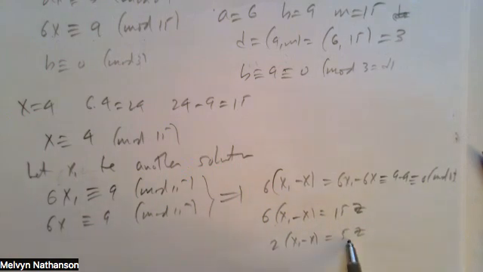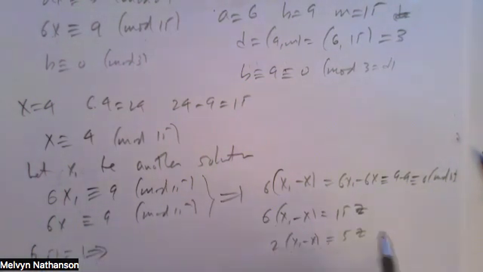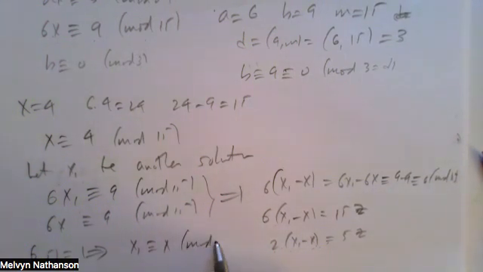So 5 divides 2 times x1 minus x, but 5 and 2 are relatively prime. The greatest common divisor of 2 and 5 is 1, so that means 5 divides x1 minus x, where x1 is congruent to x mod 5. And if x1 is any number congruent to x mod 5, it solves this equation. We have a solution.